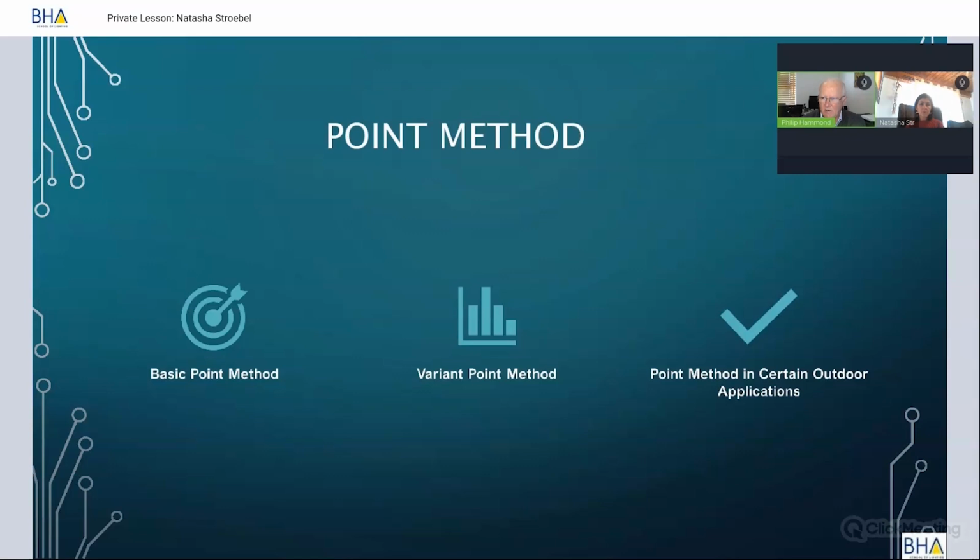How do we calculate it? In the point method, there are 3 basic calculations: the basic method, a variant point method, and a point method in certain outdoor applications.